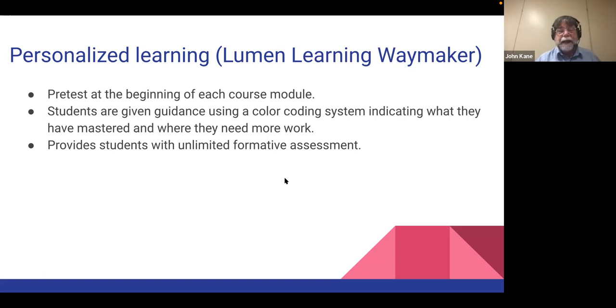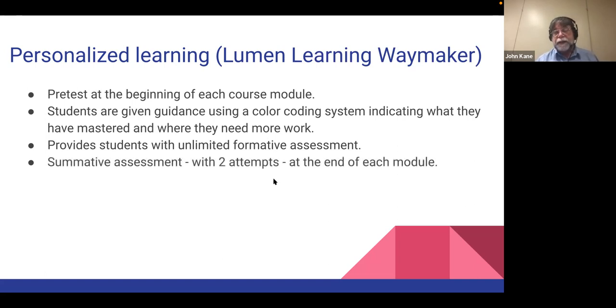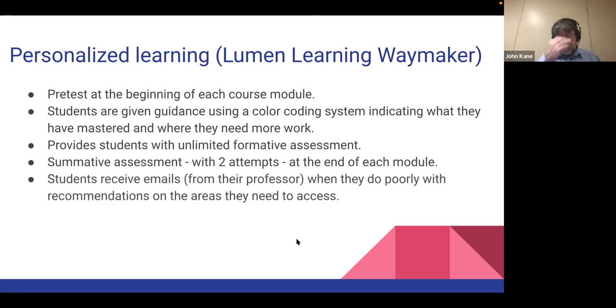And then again, at the end of each module, there's a summative assessment that provides 2 attempts. And automated within the system is an option that instructors can set up. And I think most people who use a Waymaker package do this, that there are automated emails that appear to come from the instructor. Well, they do come from the instructor, where you configure them, and there's just some variation in those, so they're not all the same.